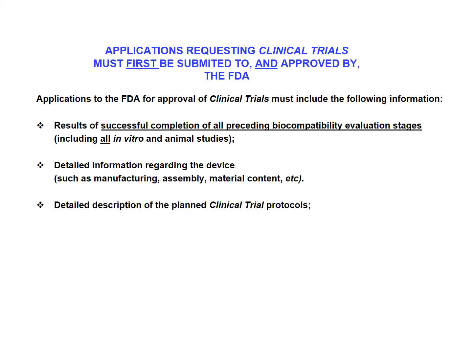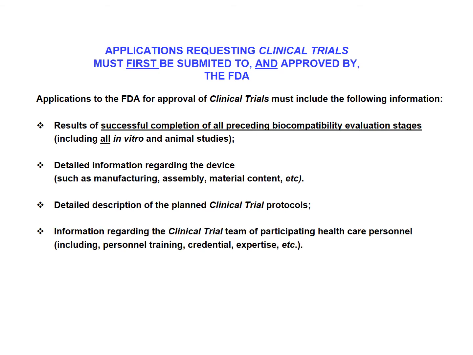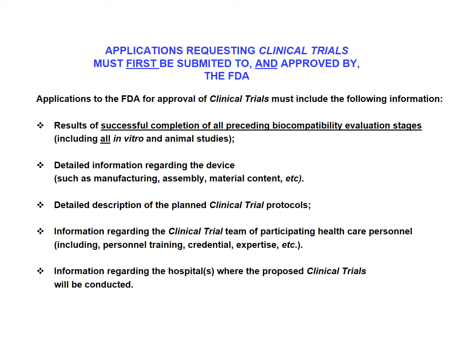Detailed description of the protocols which will be used during the clinical trials. All information regarding the team of participating health care personnel, including the doctors, nurses, etc., the training credentials of this personnel, all other healthcare-related credentials, expertise, etc. In addition, information regarding the hospital or hospitals, more than one, where the proposed clinical trials will be conducted must also be provided.